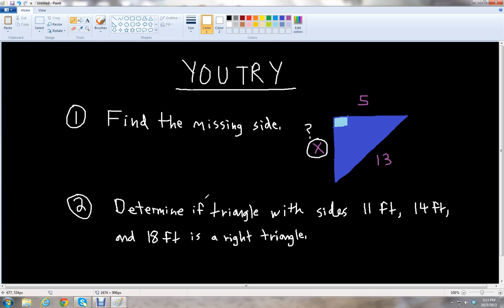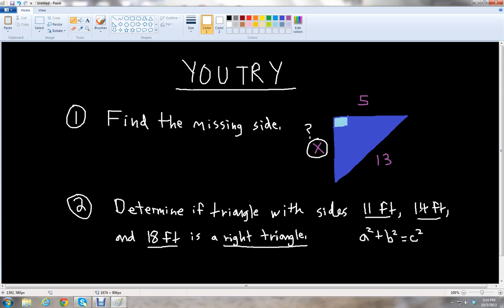And then for the second problem, determine if a triangle with sides 11 feet, 14 feet, and 18 feet is a right triangle. So you're going to need to use the Pythagorean theorem: a squared plus b squared equals c squared, and see if that equation is true for those 3 sides of the triangle.